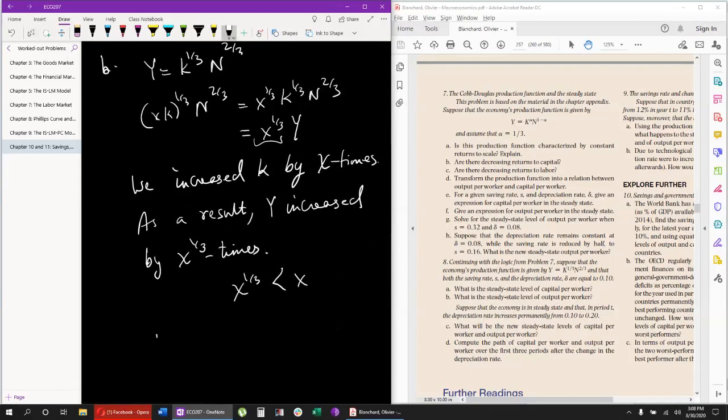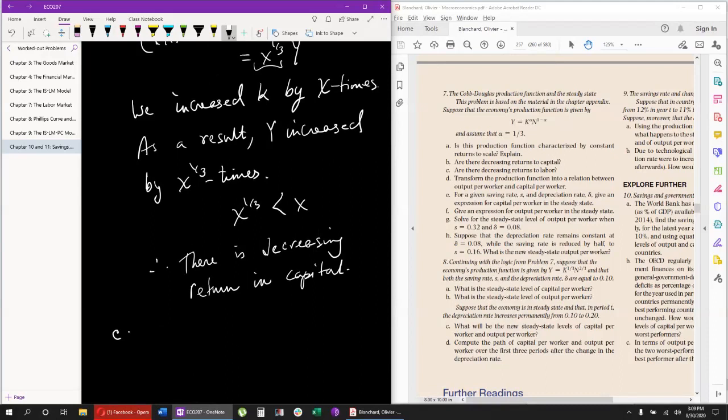So therefore, there is decreasing return in capital, not the entire function, but just in capital. What does that mean? That means that if we double the capital stock and change nothing else, output will increase, but it won't double. It won't increase by 100%. Maybe it will increase by 40%, 50%, 60%, not 100%. So there is decreasing return in capital, just capital.